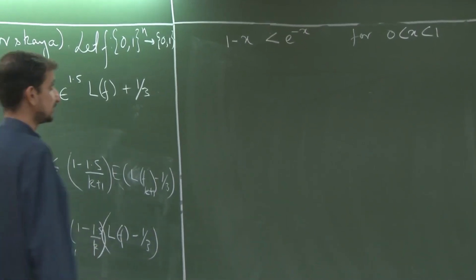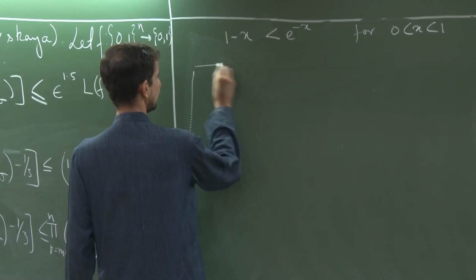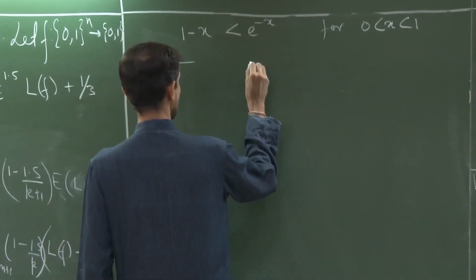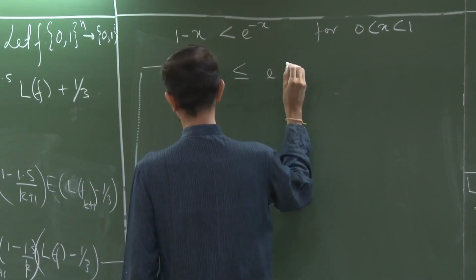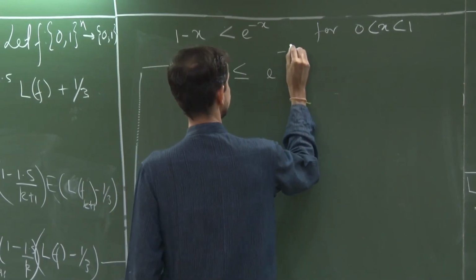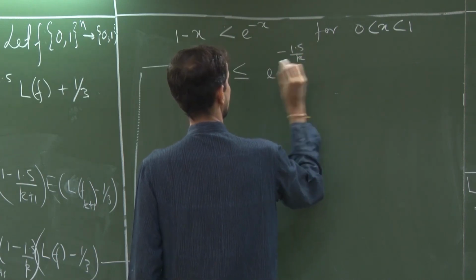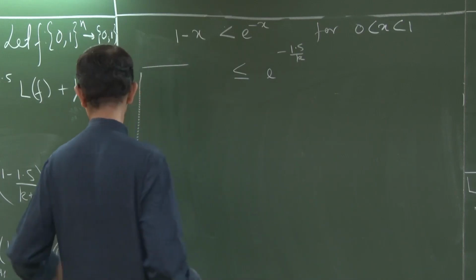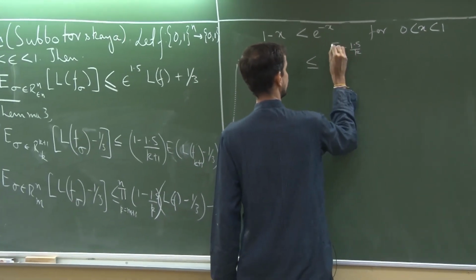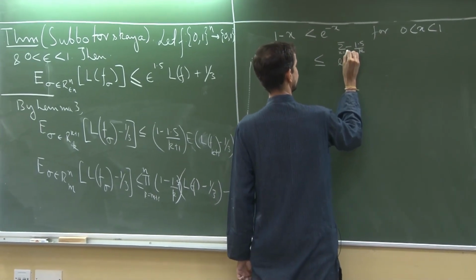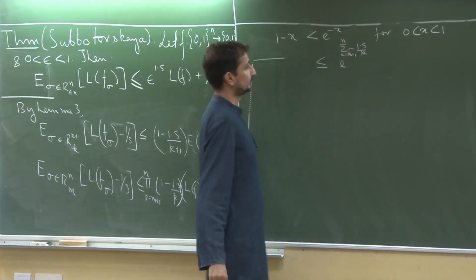Therefore, this quantity becomes less than or equal to e to the power minus 1.5 by k, and because it is in the exponent now, this is summed over k going from m plus 1 to n.